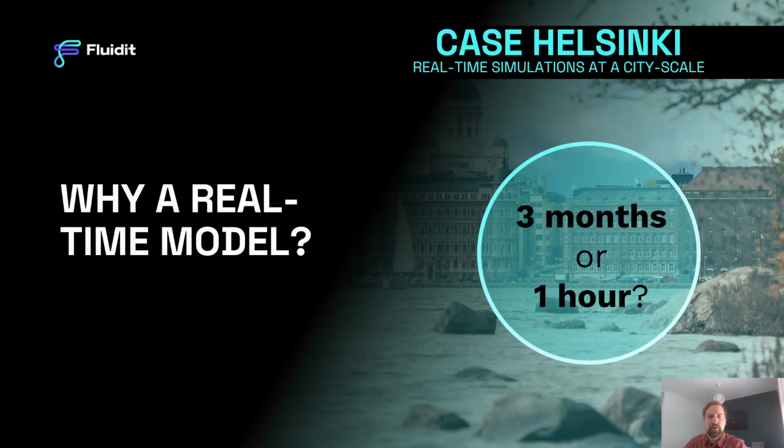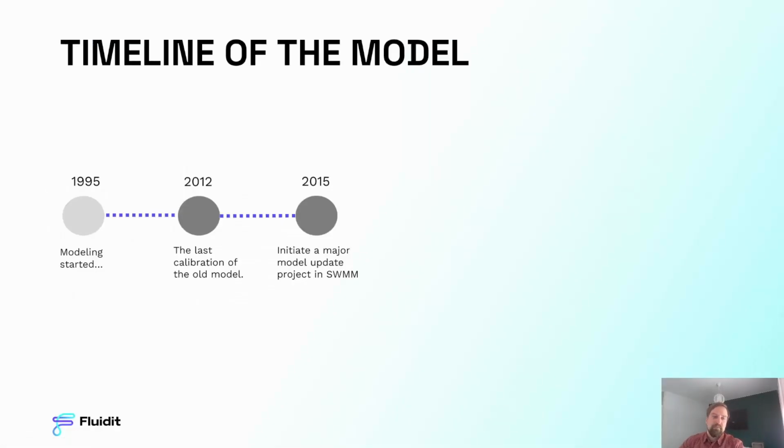But let's step back a few steps and see where they've been coming from. HSY has a rather long history with network models. They started modeling already in the mid-90s. We fast forward to 2012. That was the last calibration of the old model they had.